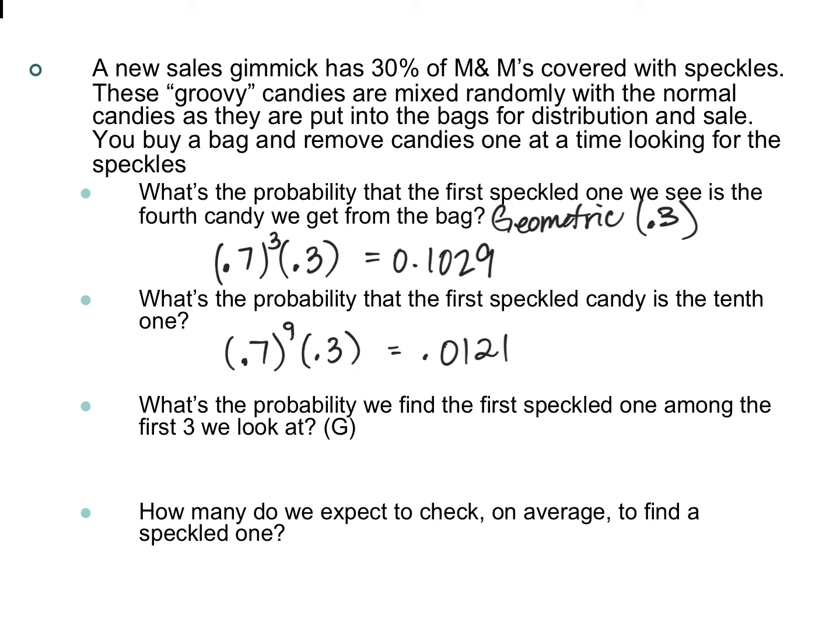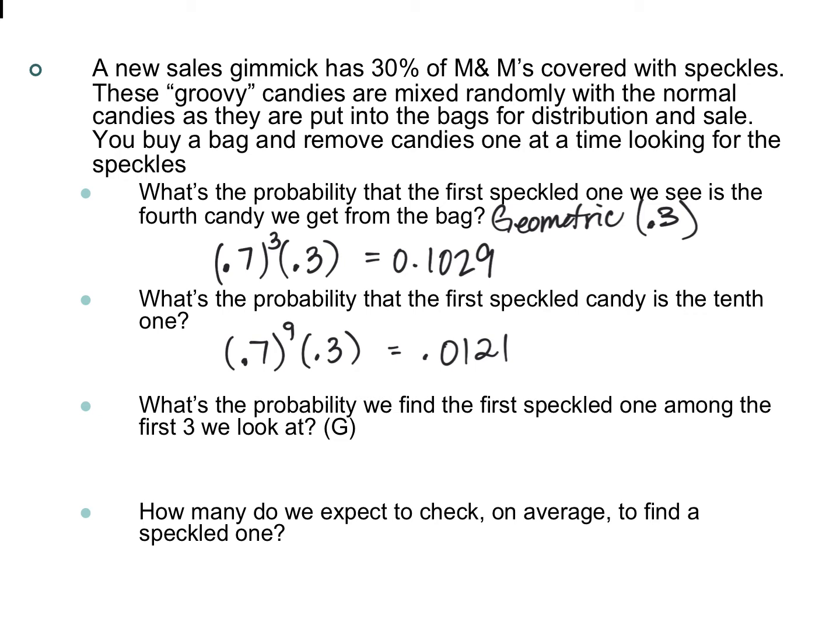Now, what's the probability we find the first speckled one among the first three we look at? And that little g is a hint to me, because as I do this once a year, I tend to forget what model I'm using. This is still geometric. The first speckled one is among the first three we looked at.